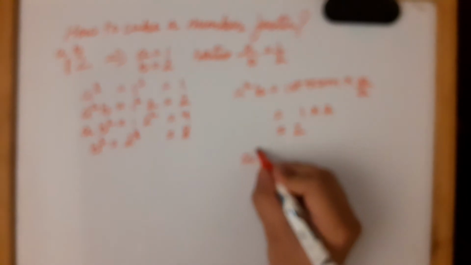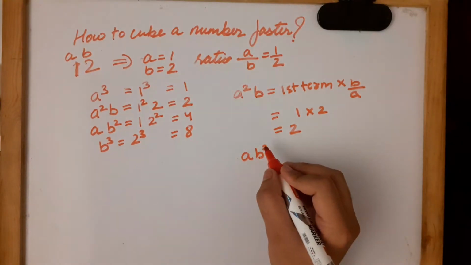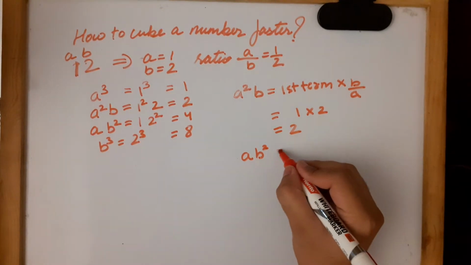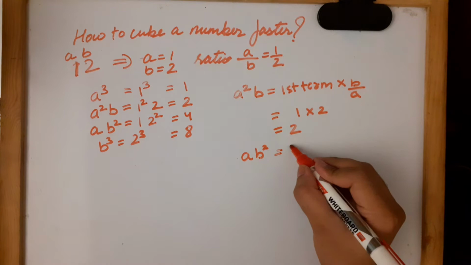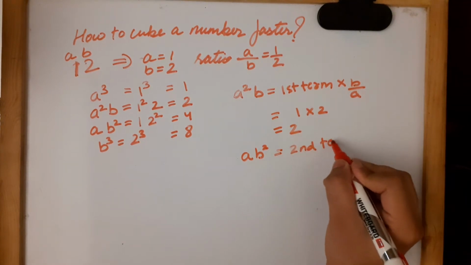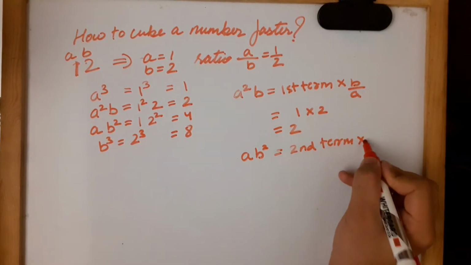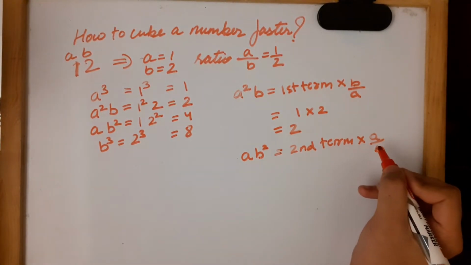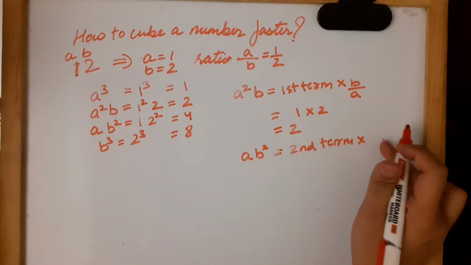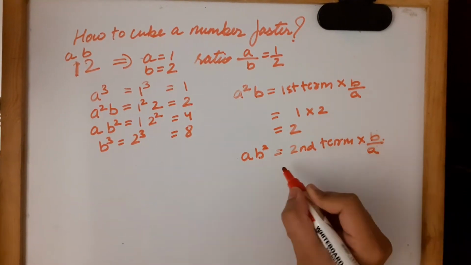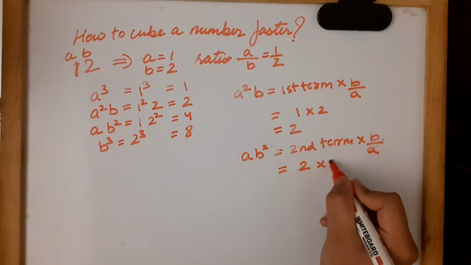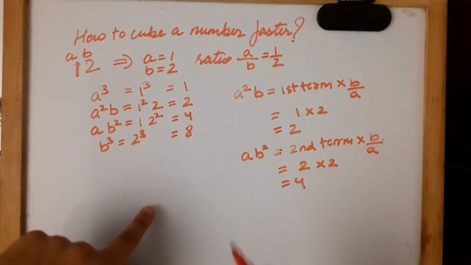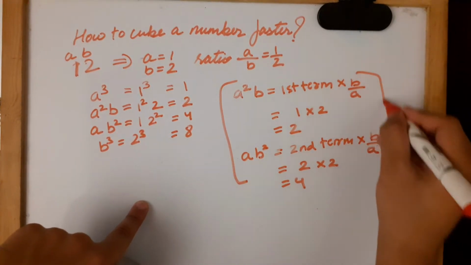And if you can't find out a b square, then take the second term multiplied by b upon a. Sorry, for both you have to take b upon a. Second term is 2, 2 into 2 is 4. So this will help you finding easily a square b and a b square.